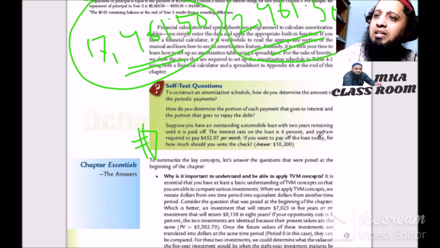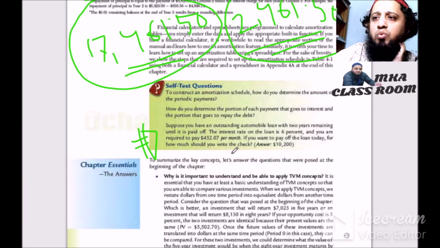If the interest rate on the loan is 6% and you are required to pay 452.07 per month, and you want to pay off the loan today, for how much should you write the check?